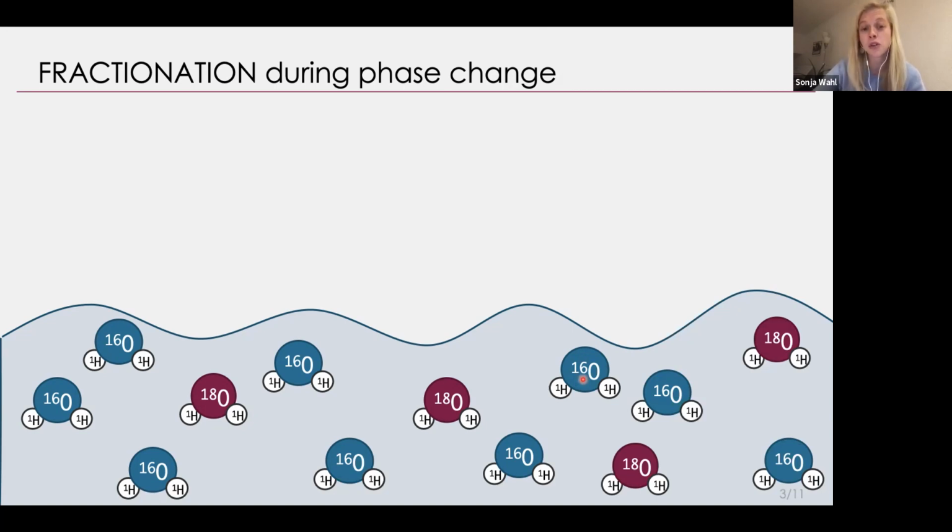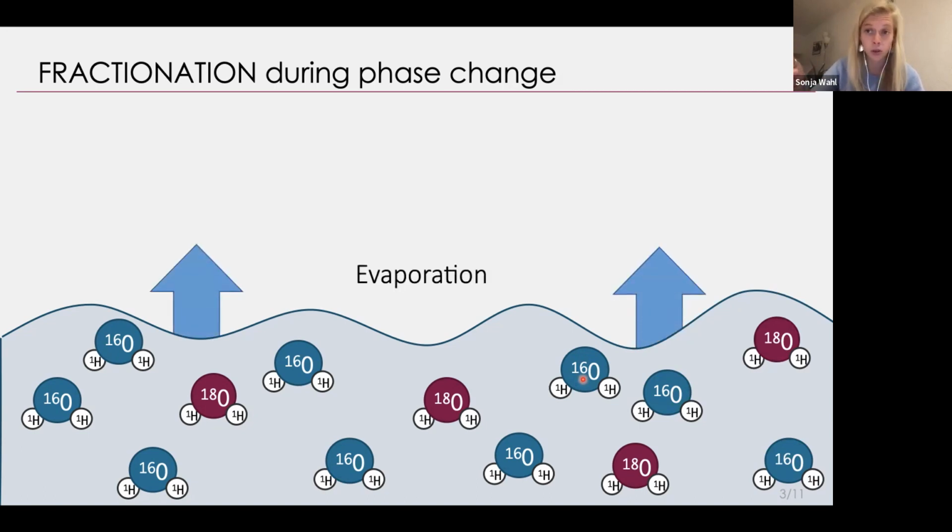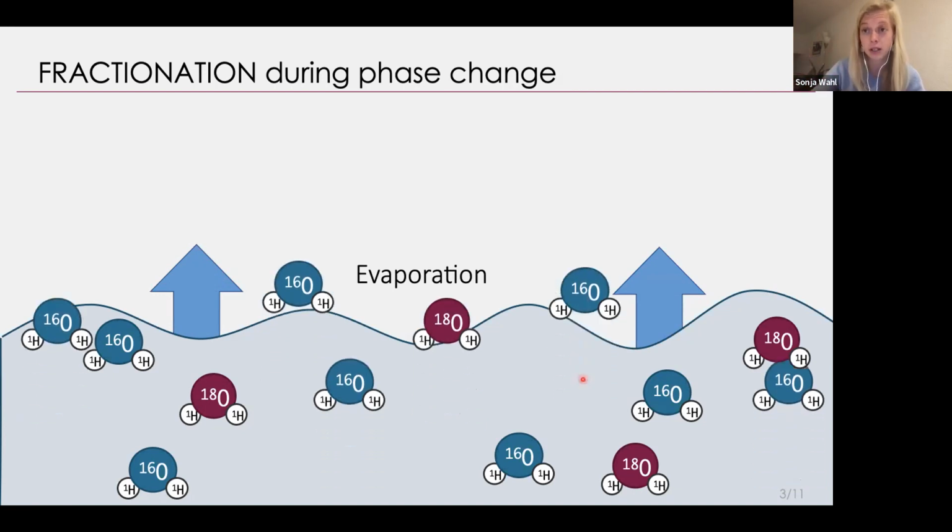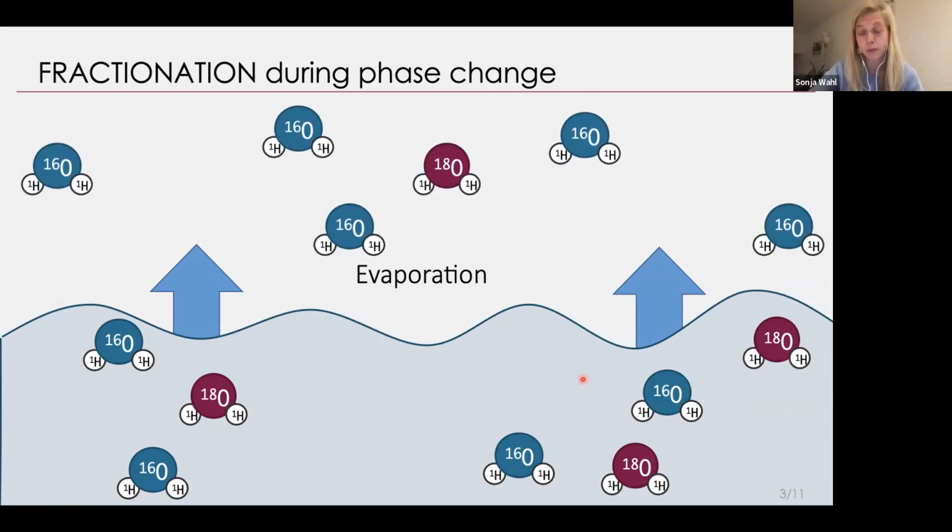Now during any phase change process, for example evaporation, relatively more light water molecules are evaporated. Therefore the isotopic composition of both the evaporate and also the gas phase is changing.